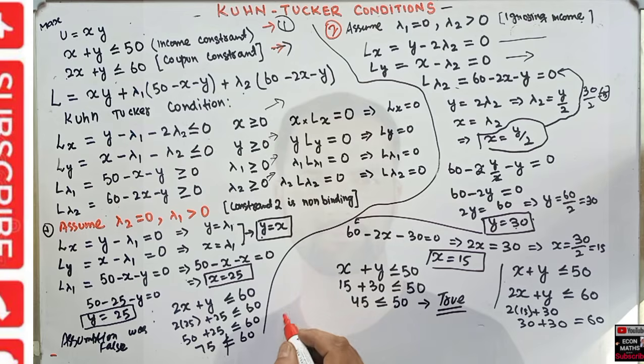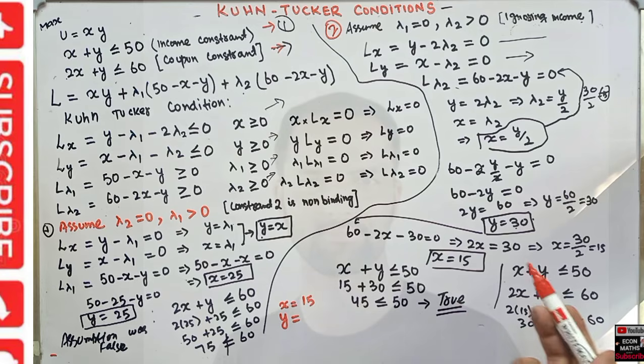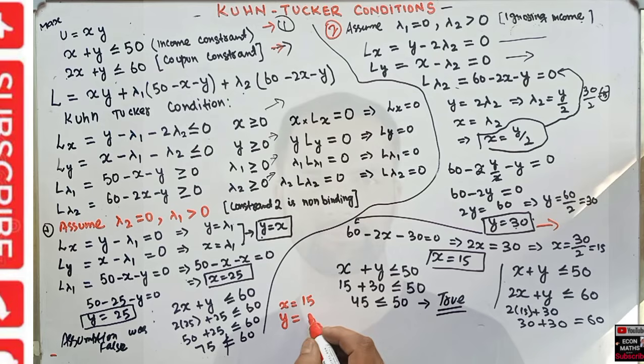So by this we mean that we got the optimal values, that is x is equal to 15, y is equal to 30. And what is the satisfaction or utility that the consumer got?